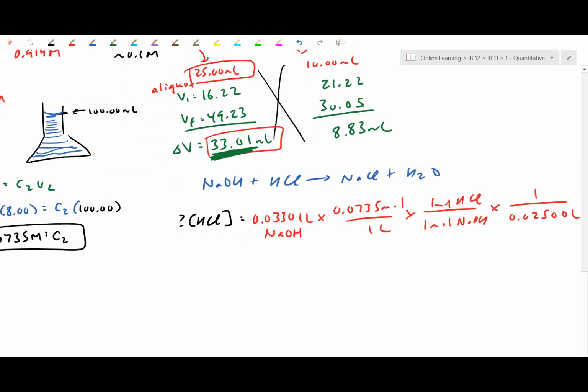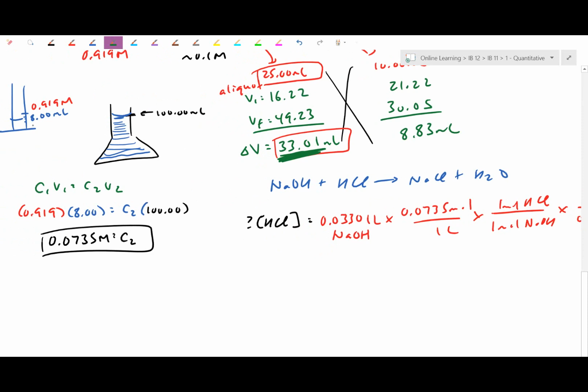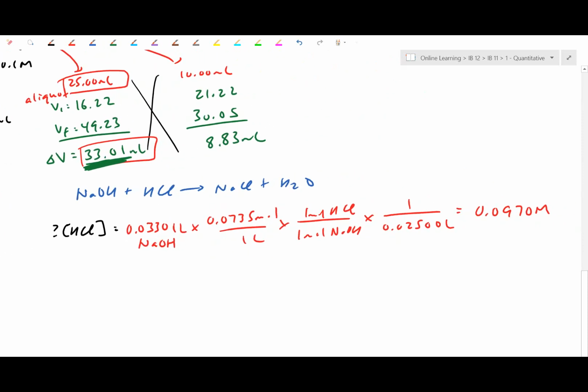But again, unfortunately, my grad cylinder didn't have that much precision for 8 milliliters. That was only 3 sig figs. I had to keep my answer just to 3. Just for comparison's sake here, let's see what we get for the 10 mil titration. So if I instead, this is good stoich practice for you, 0.00883 liters of NaOH.